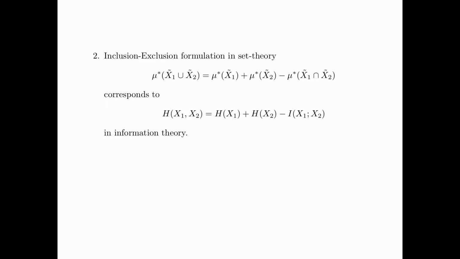This corresponds to the identity in information theory: the entropy of X1, X2 equals the entropy of X1 plus the entropy of X2 minus the mutual information X1 semicolon X2.